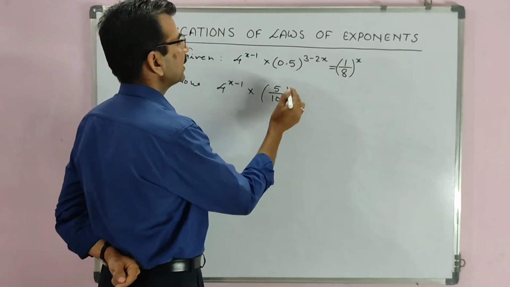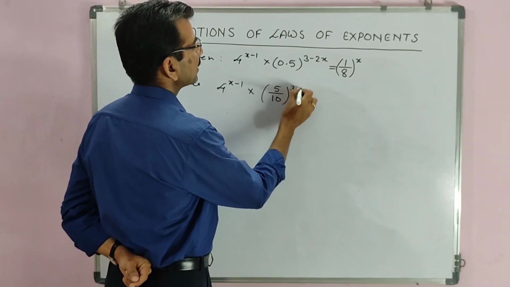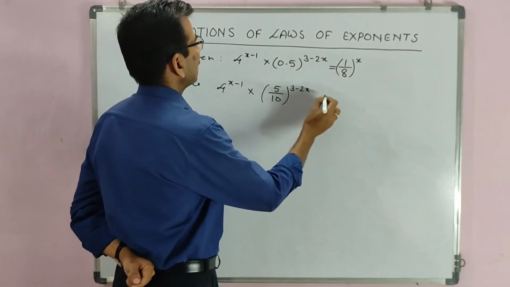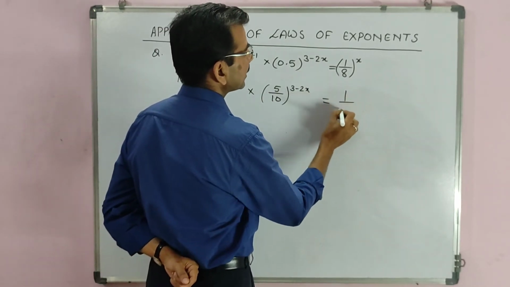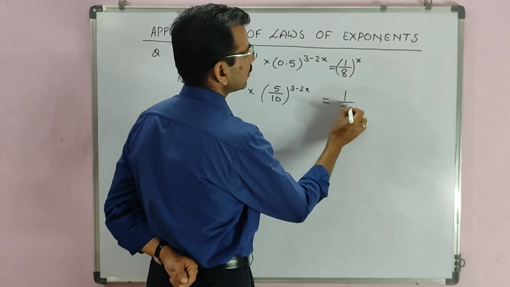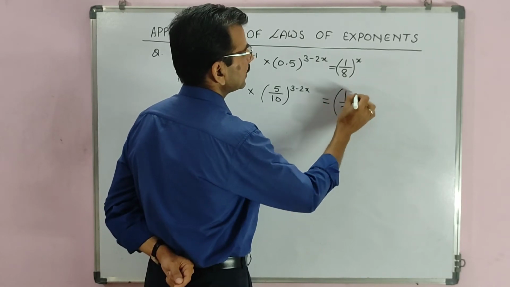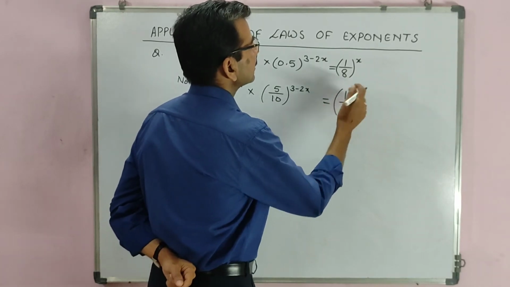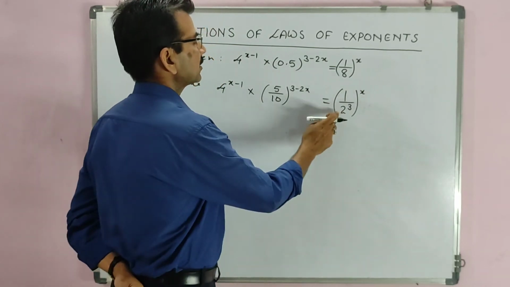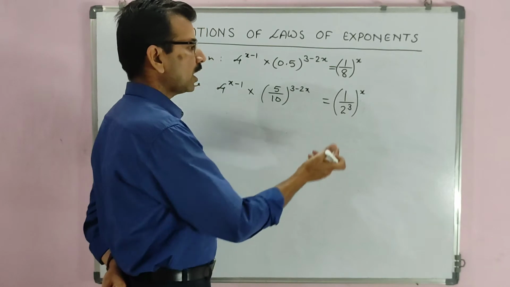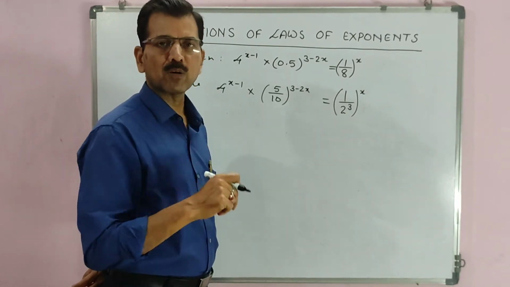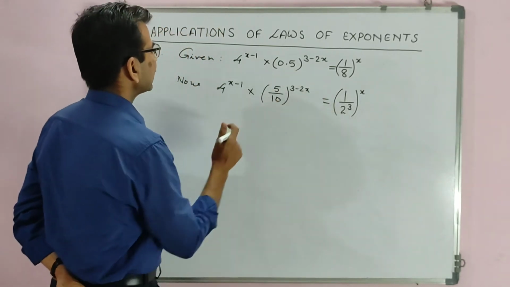So 5 upon 10 whole to the power 3 minus 2x equals this 8, which we can also write as 2 raised to power 3. Yes, now you are getting the answer fast, because you know how to simplify powers and write a number in the form of a power. Okay, good.